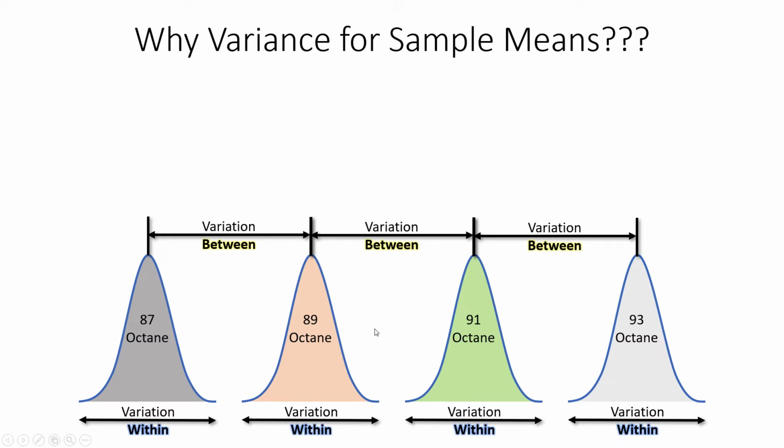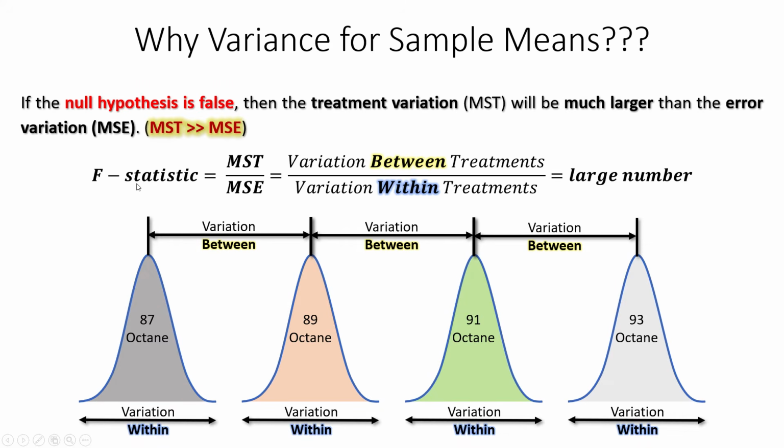And again, there's two different ways to estimate variation. We can calculate variation based on variation within each treatment group, and we can also look at the variation between the treatment groups. Now, in this particular example, we already know the null hypothesis is false. We know that changing octane gas changes the horsepower, okay? And I want to make sure you understand what that means for the actual F calculation, the actual F statistic.